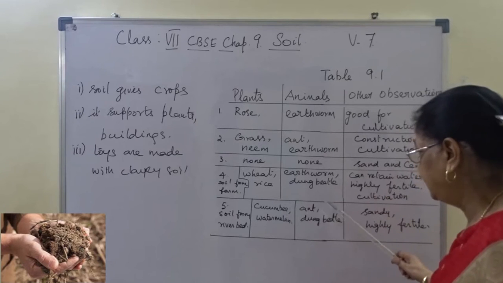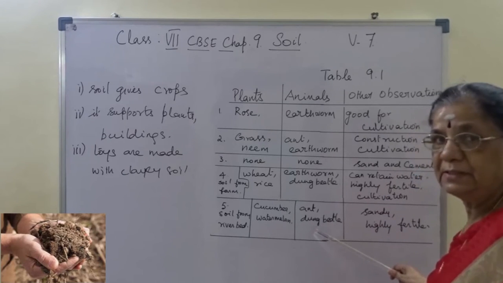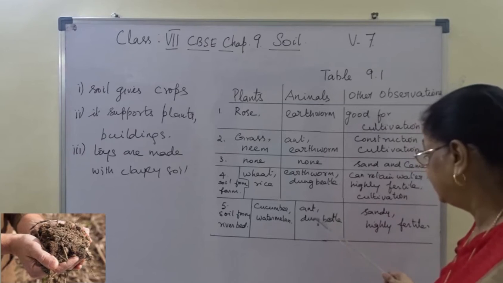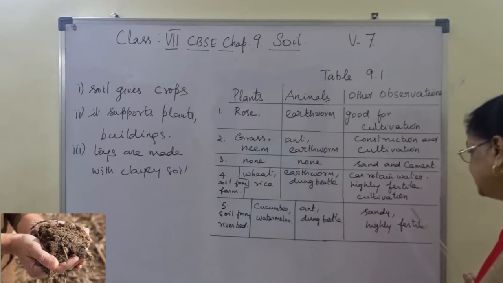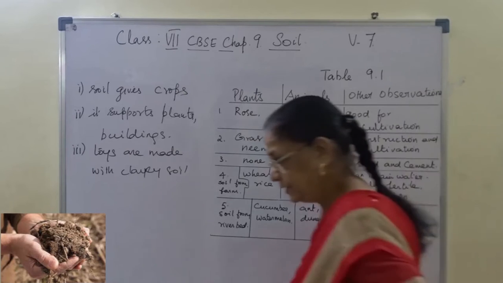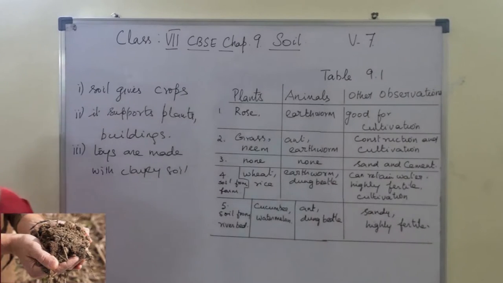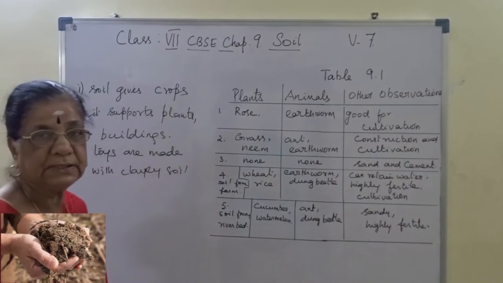Animals: same ants and dung beetle. And the riverbed soil is sandy but highly fertile.